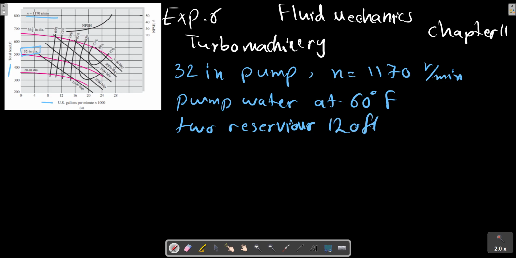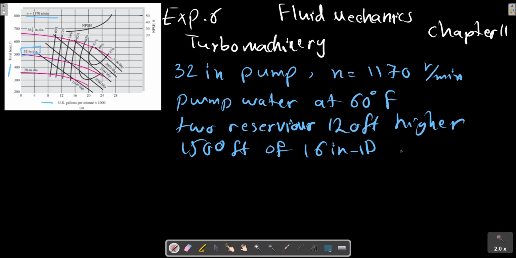$100 higher, through a 60-inch inner diameter pipe with friction factor f equal to 300.